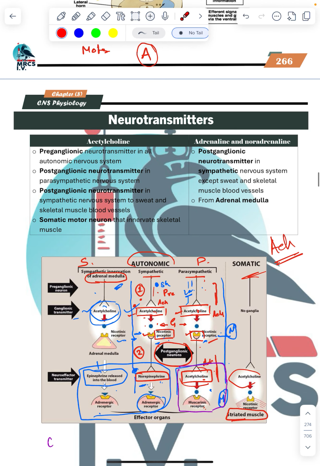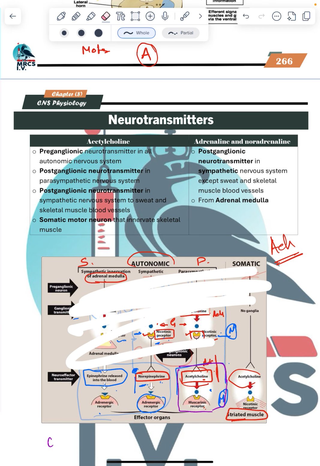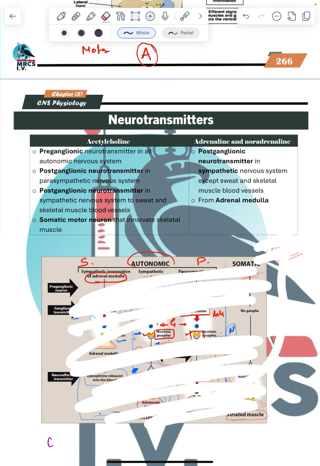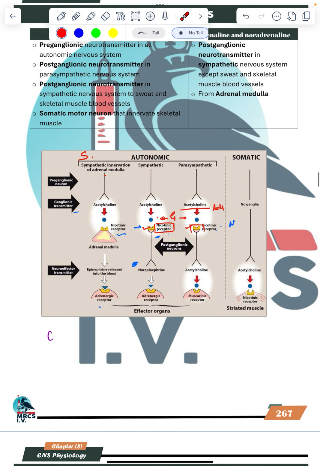So what are the neurotransmitters? This is a very commonly asked question: acetylcholine and adrenaline. Acetylcholine is in all preganglionic fibers. If you see the sympathetic innervation of the adrenal medulla, this is general sympathetic, this is parasympathetic, and this is somatic.